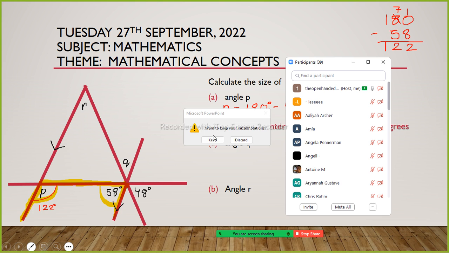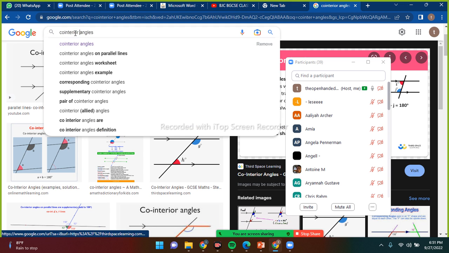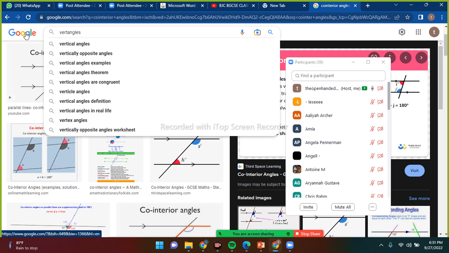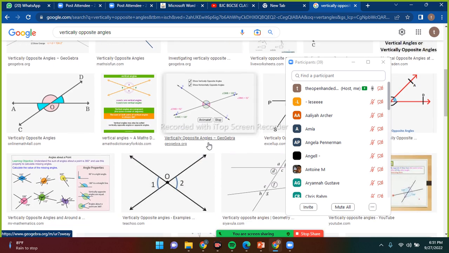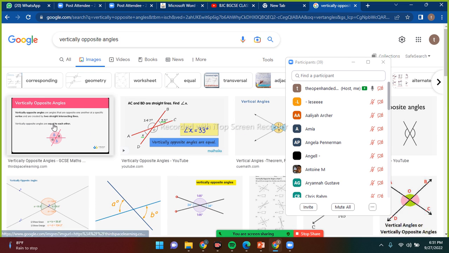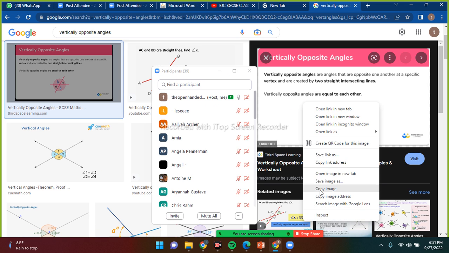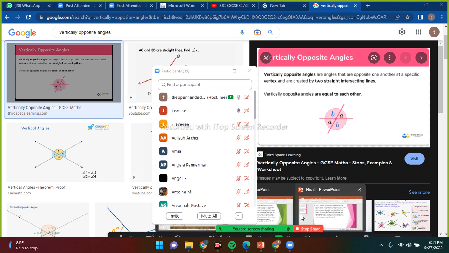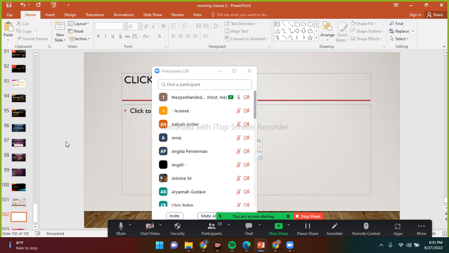For those who do not know, vertically opposite angles are always equal. All right, so this is a good one.